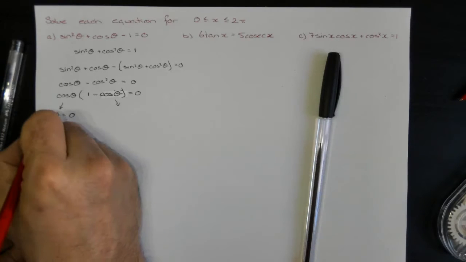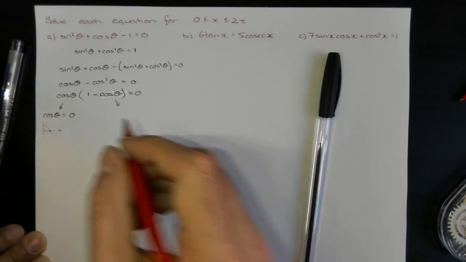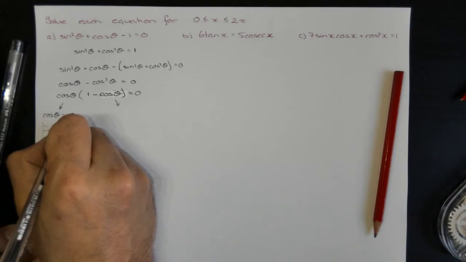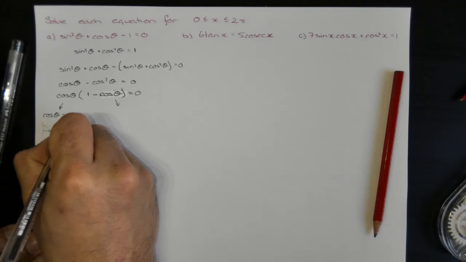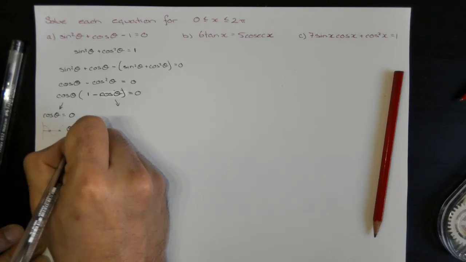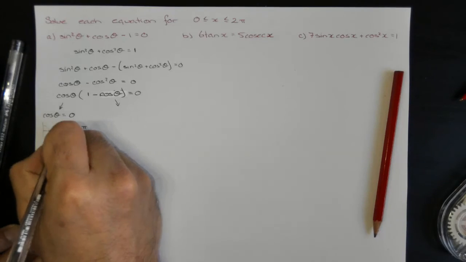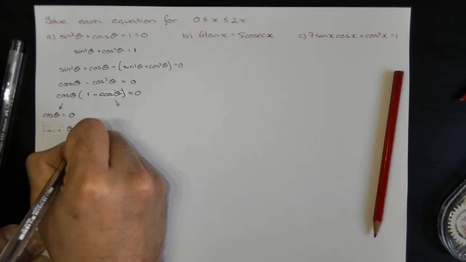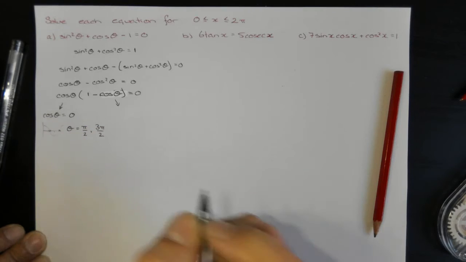And it equals 0 here and here. So I'm in radians. So theta in this case would be pi on 2 and 3 pi on 2.